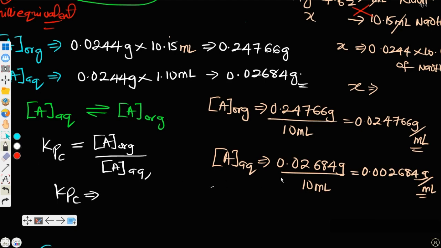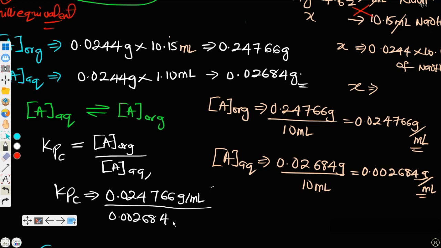So if you want to put that now, our KPC is concentration of organic in gram per mole all over concentration of the aqueous phase in gram per mole. The answer will still give you the same thing, which is 0.024766 gram per mole divided by 0.002684 gram per mole.